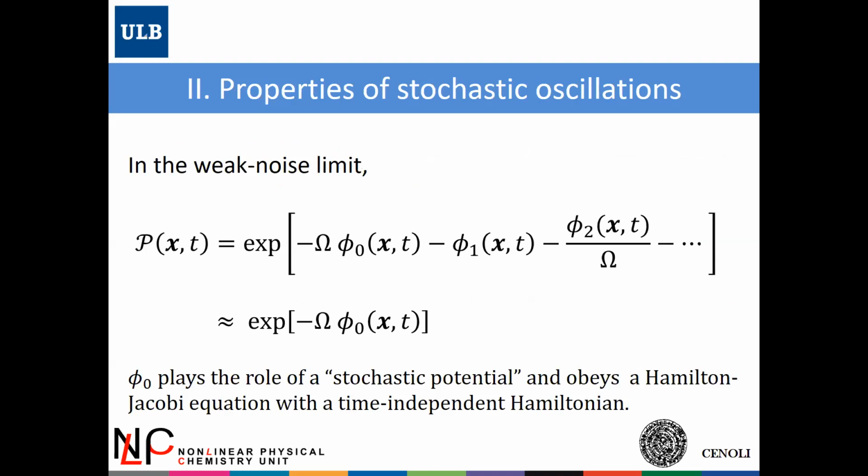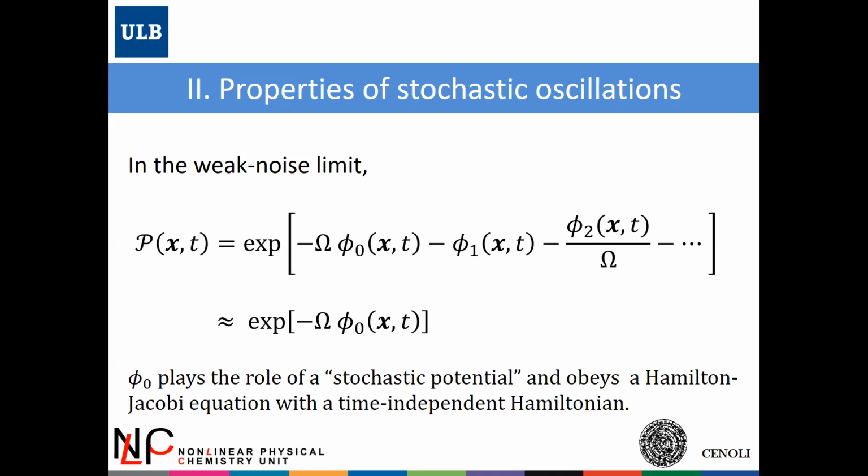Another simplification that we can use is the fact that we have a large number of sites, and large is here 10 to the 5, which is ridiculous compared to the Avogadro number, but large enough so that we can expect the PDF, the probability density function, to scale like the exponential of the size of the system, multiplied by a function which is typically called the stochastic potential. And if we use this approximation in the Fokker-Planck equation, then we get a Hamilton-Jacobi equation for phi 0.